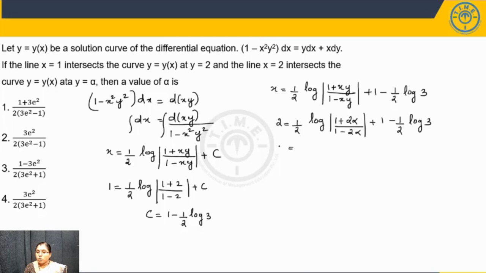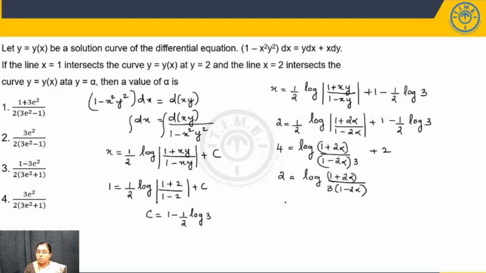When you multiply by 2, you have 4 equal to log A minus log B. So let's write (1 plus 2 alpha) by (1 minus 2 alpha) into 3 in the denominator, plus 2. That is 2 is equal to log (1 plus 2 alpha) by 3 into (1 minus 2 alpha).